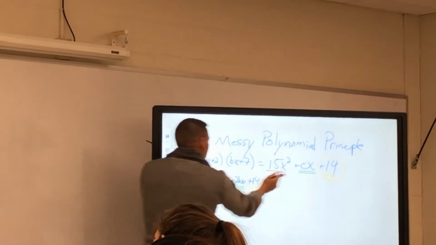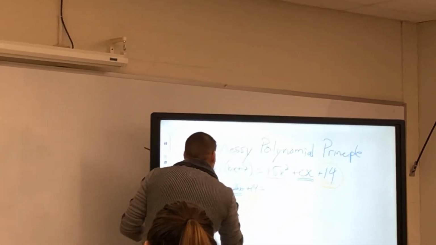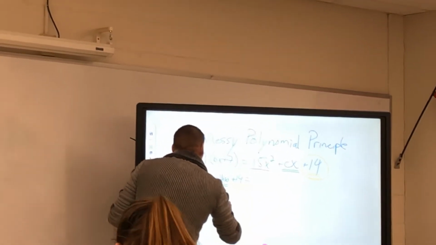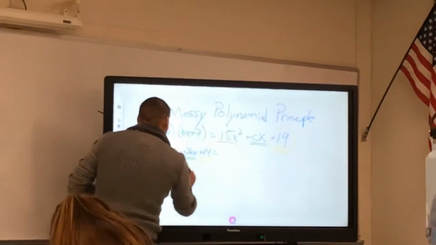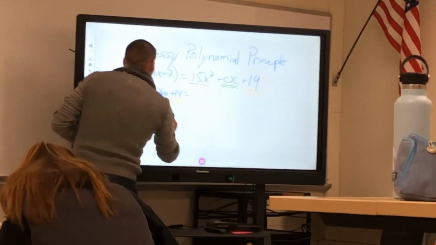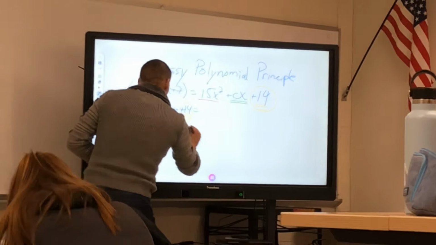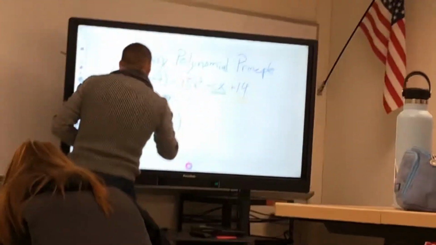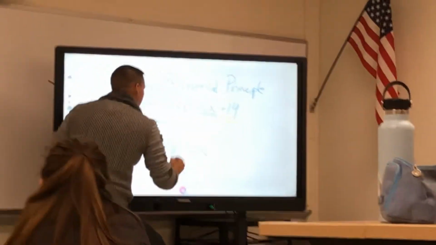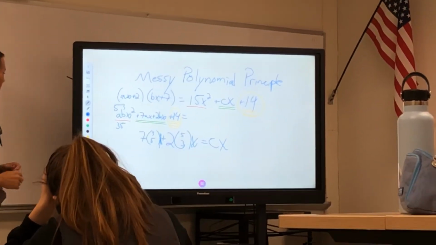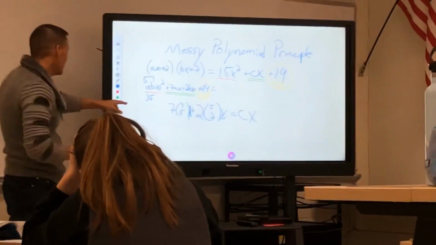So now let's compare our middle values, and I'll solve for c. 7 times 3 or 5 plus 2 times 5 or 3 x equals cx. Boy, I'm really messing up this board. So, what's 7 times 3?